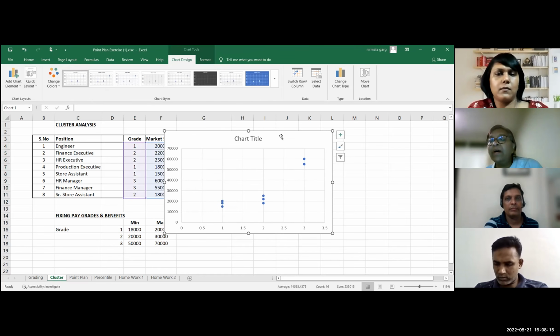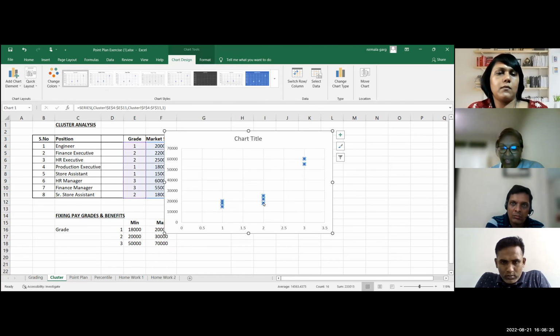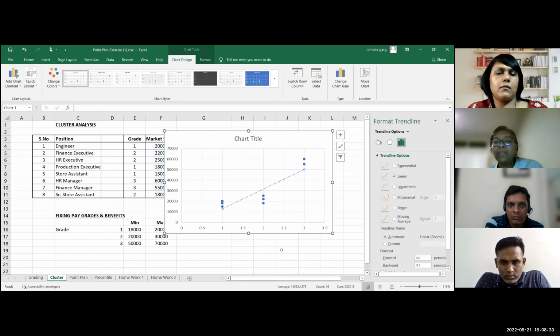Okay. Now I will create a trend line. How will I create a trend line? I will click on any of these job points and then right click, add a trend line. All right. Now, when you add a trend line, you get a format trend line. So go to linear trend line and you have got it.